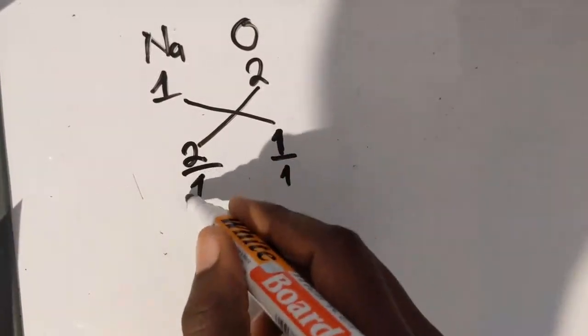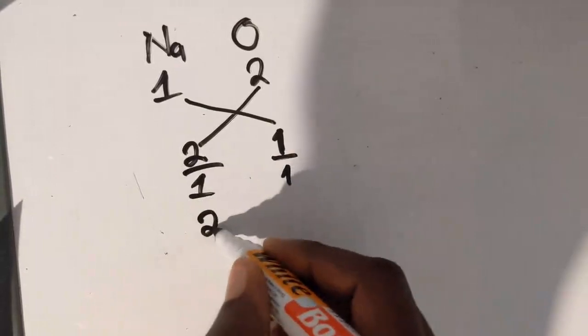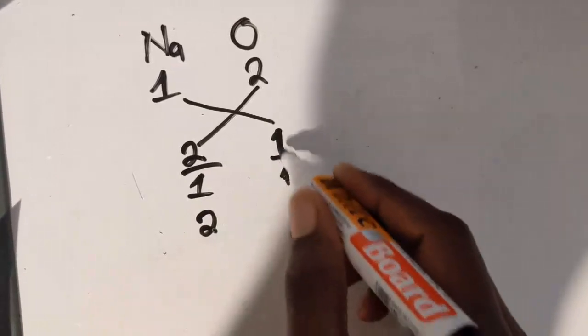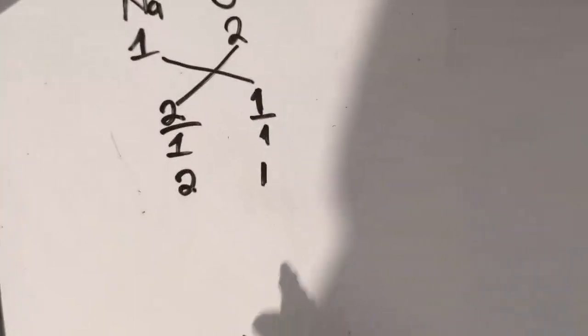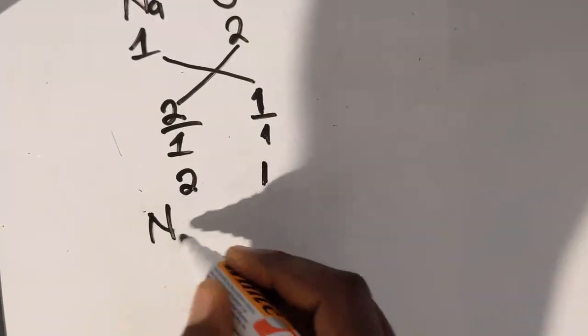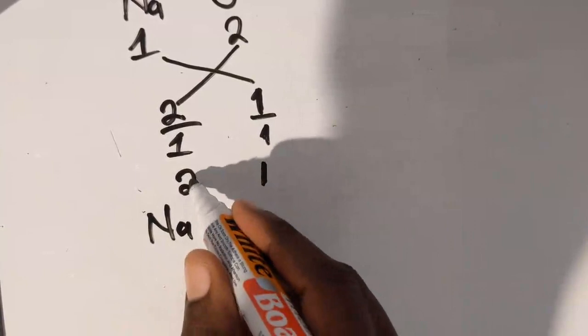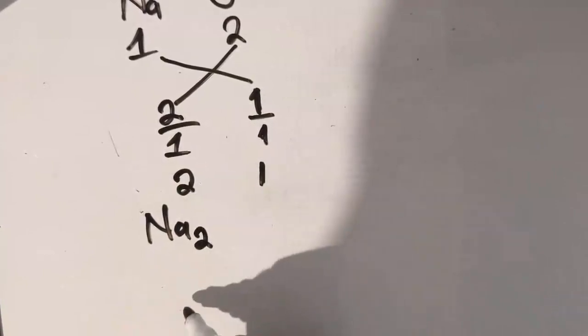Divide by 1 like that. When 1 goes in that, it will be 2. 1 goes in that, it will be 1. So what you are going to have is sodium with how many atoms? It's 2. So you're going to put it down there.